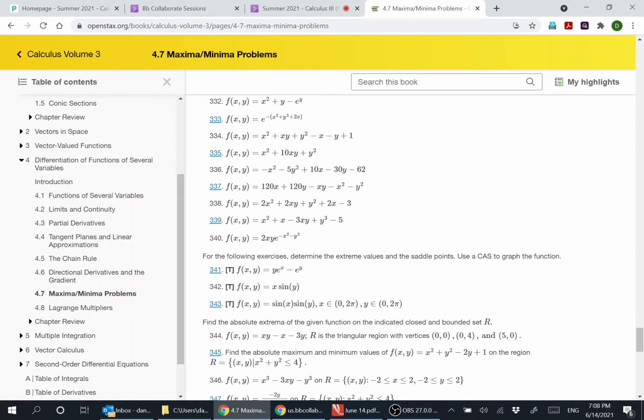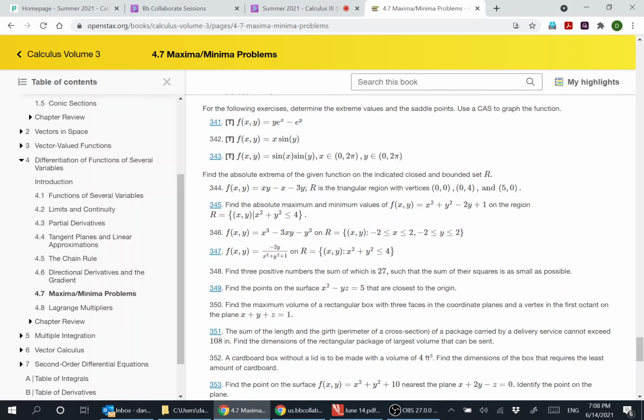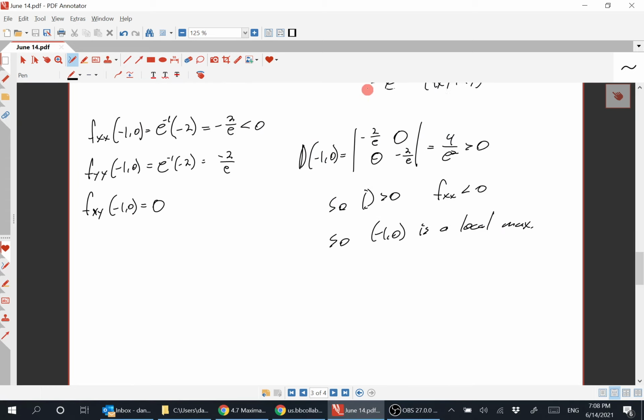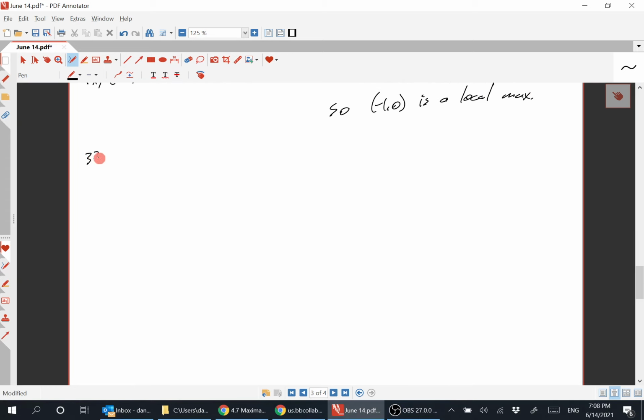I'll leave that for you to do on your own because I want to move on to these problems here. So I don't think I'm going to test you on that 2 by 2 determinant.